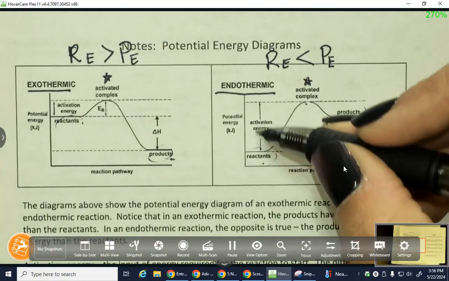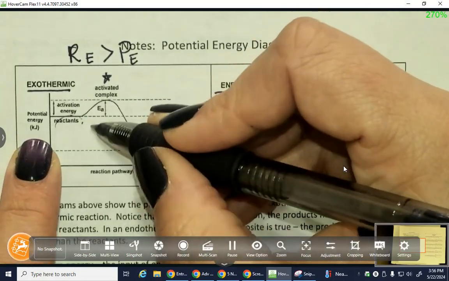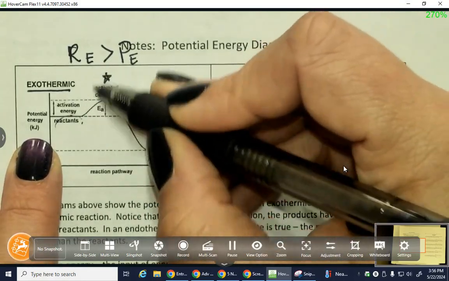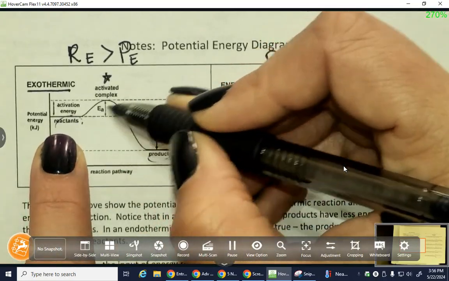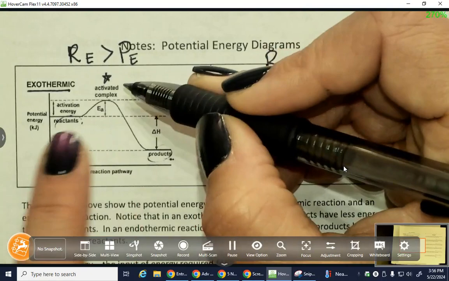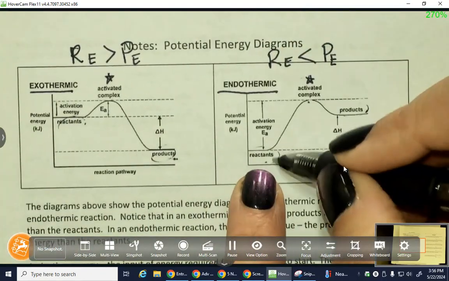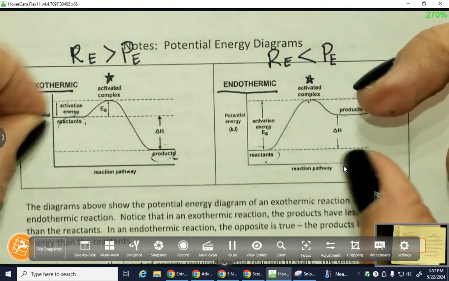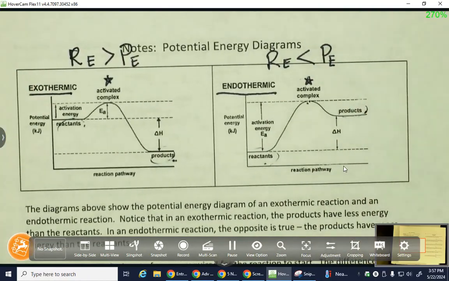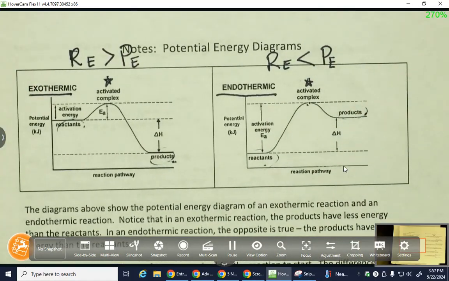Activation energy is the top of this little graph minus wherever we're starting. That makes sense, right? Final minus initial. There's that idea again. So there can be a lot of activation energy or a little. You can think of activation energy like dominoes.